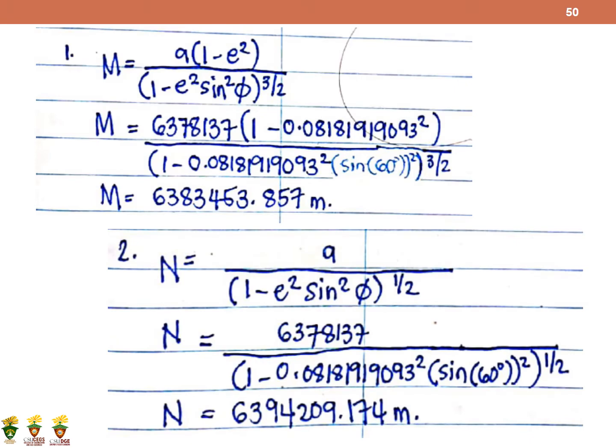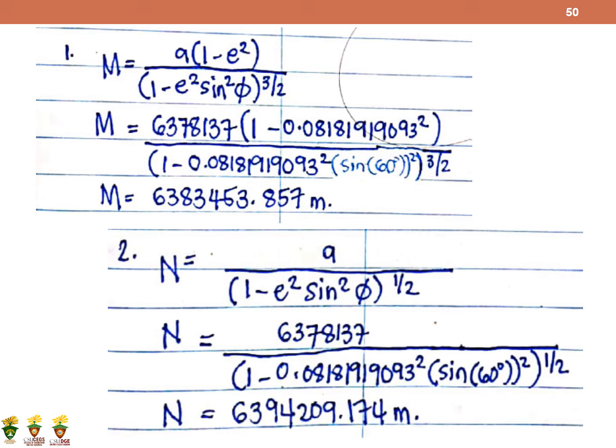For number 1, we need to get the meridional section radius. From the formula we derived earlier, m equals a times 1 minus e squared all over 1 minus e squared sine squared theta raised to the power of 3/2. Substituting the given variables, we have m to be 6383453.857 meters.